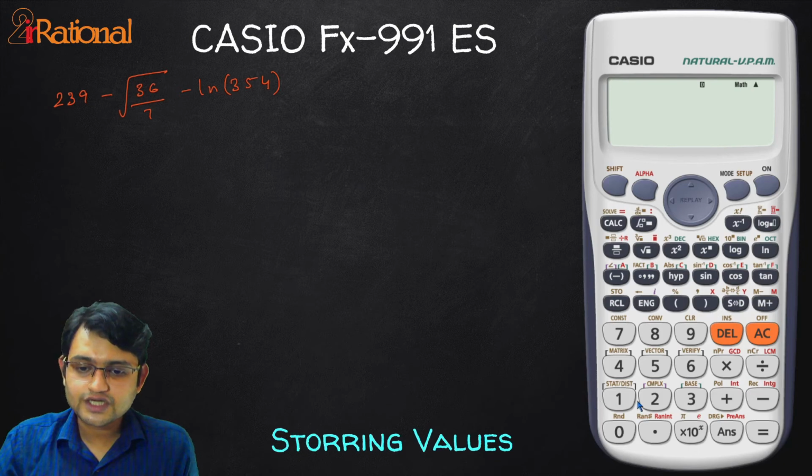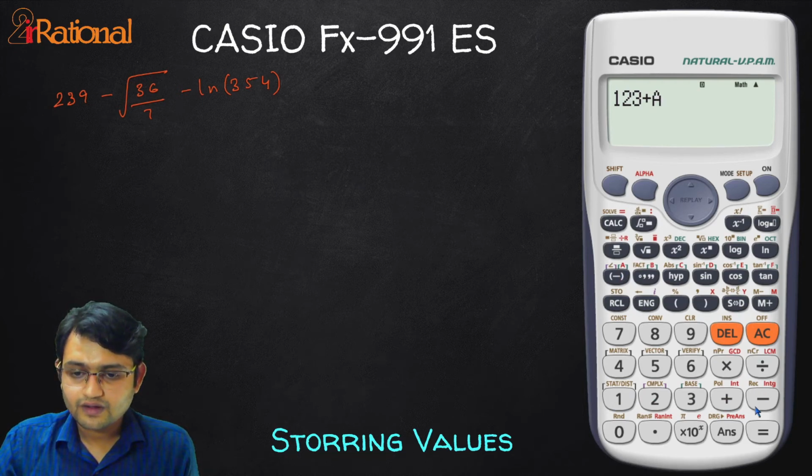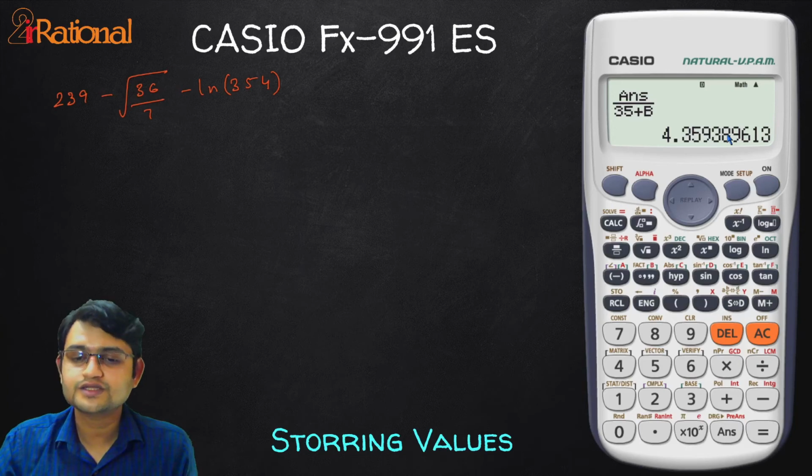If I want to use them, let's say 123 plus A, equal to this, and then divide that previous answer by, let's say, 35 plus B, press equal to, I get this.